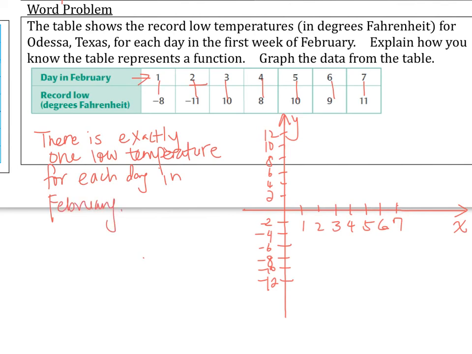And then lastly, it asks you to graph the data from the table. So I'm gonna graph it now. 1, -8, 2, -11. So about here. 3, 10, 4, -8, 5, -10, 6, -9, 7, -11.